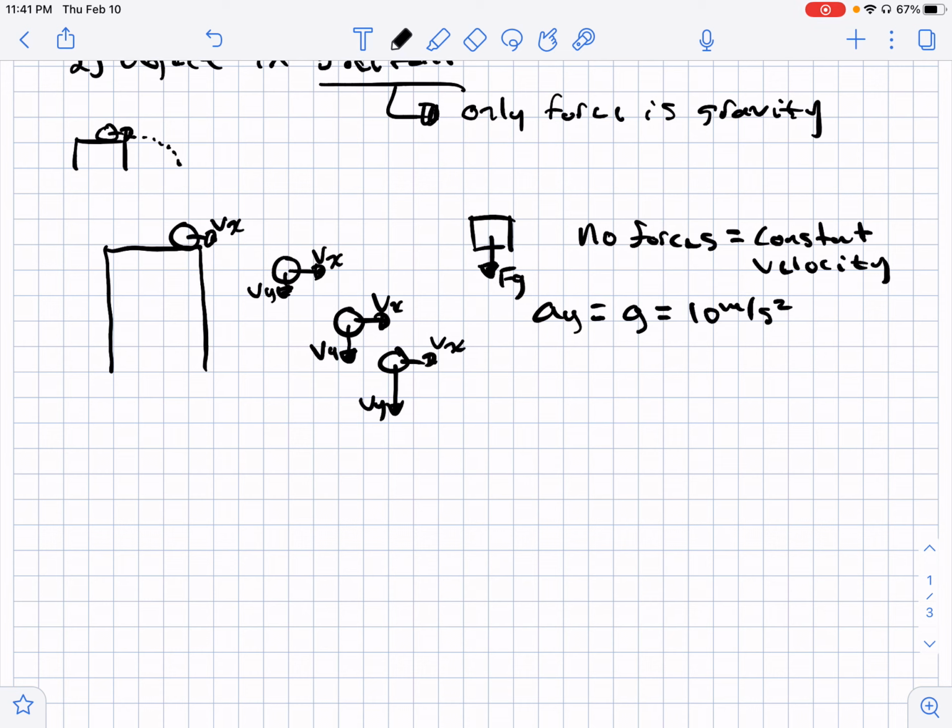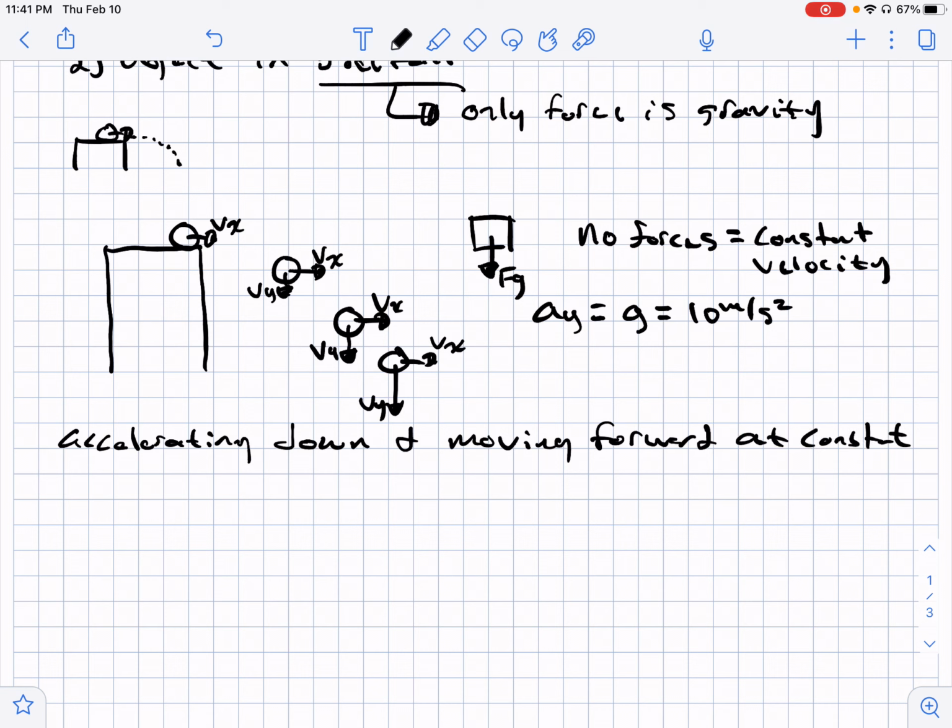So this object is accelerating down, and then it's moving forward at a constant velocity. So that describes the motion of an object that is in this horizontal projectile motion.